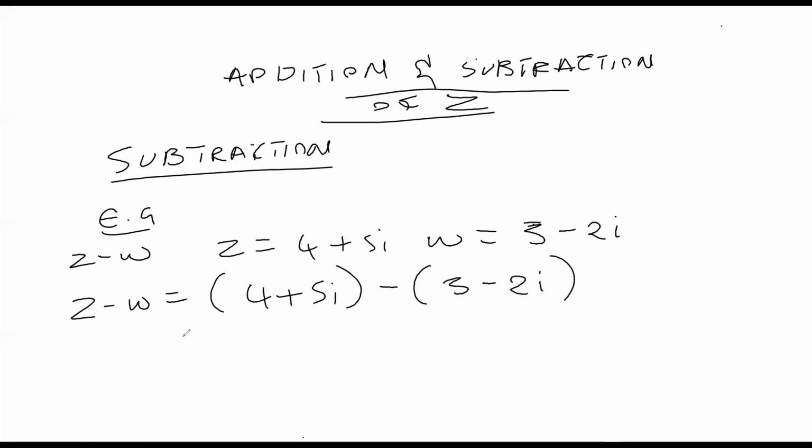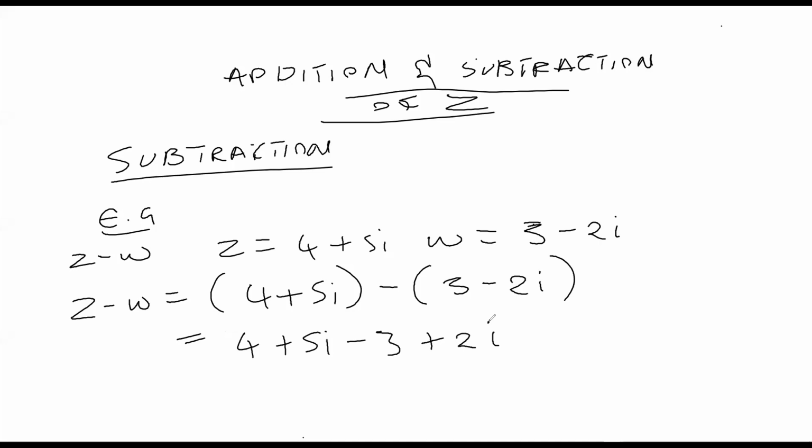Now that we have this situation here, instead of doing it the way we did yesterday, we first start by distributing the negative with everything inside. So we're going to have 4 plus 5i. The negative times 3, we're going to have negative 3. Then we're also going to have a positive 2i here. We get the like terms.